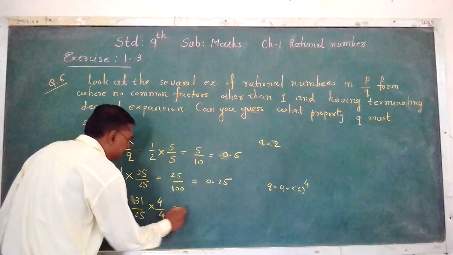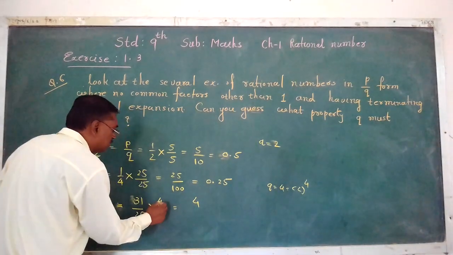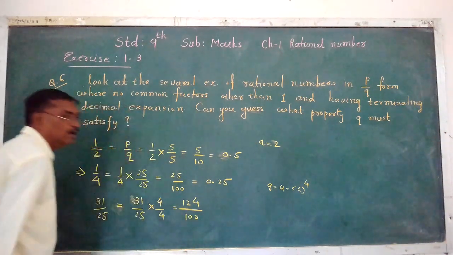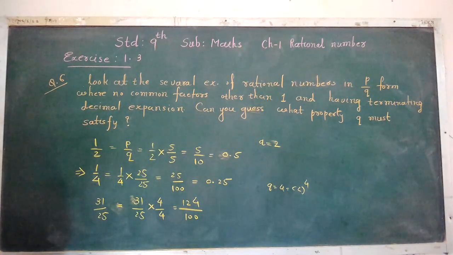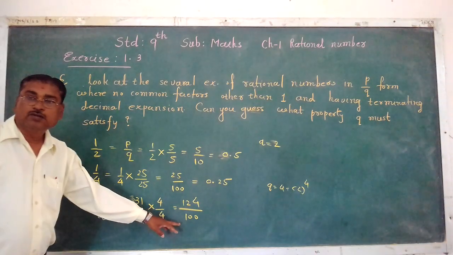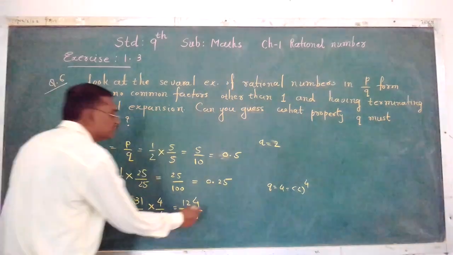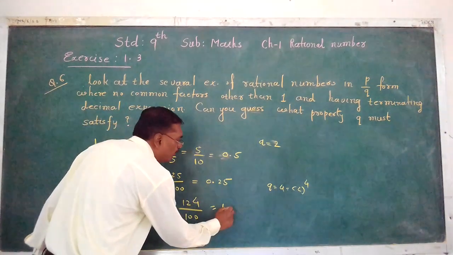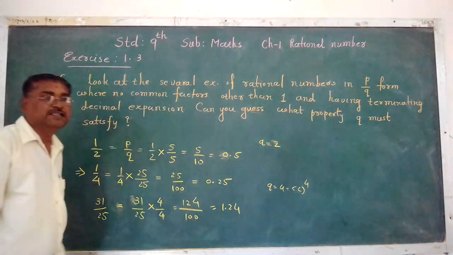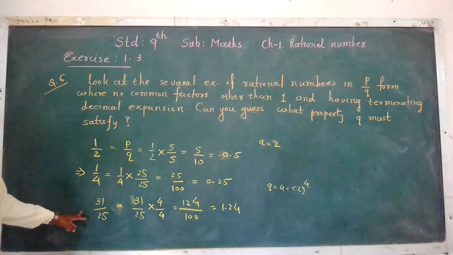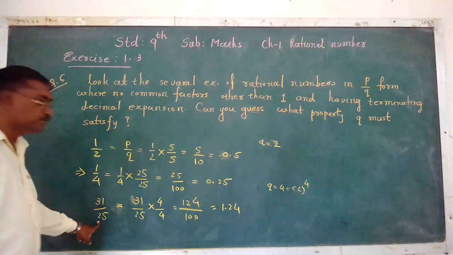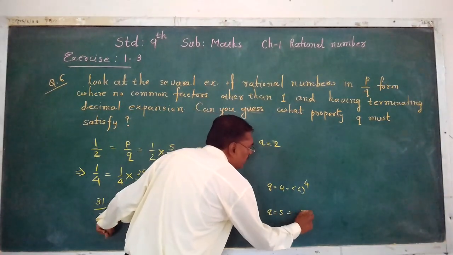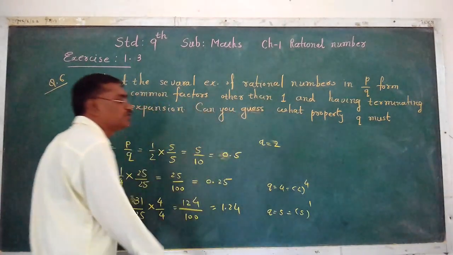So we obtain 4 ones are 4, 3 fours are 12, and 25 fours are 100. To represent it in decimal expansion, there are 2 zeros in the denominator, so we can write 1.24. This is a terminating decimal expansion. Here q equals 5, so in power form we can write 5 raised to 1.